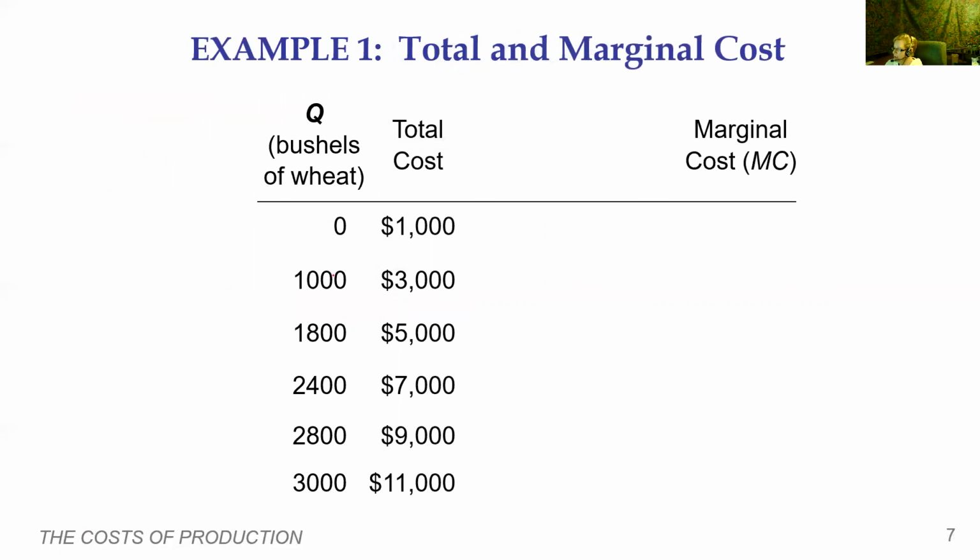Okay, so let's go ahead and look at an example. Here we have our quantity. That is our output. Here's our total cost, remembering that total cost is just fixed cost plus variable cost. So now we want to look at how our costs change as our quantity changes. Remember, the marginal cost is equal to the change in total cost divided by the change in quantity. So we're going to look at this incrementally.